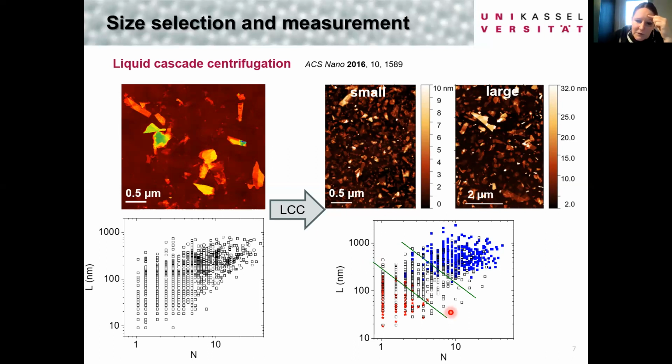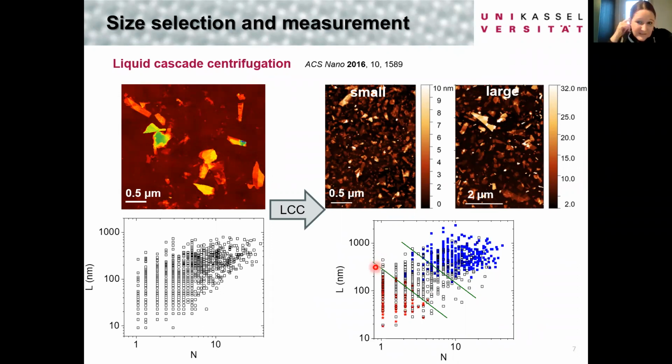When we look at the population, what the size selection did, it sliced the population of the nanosheets at an angle. And when we plot the length as function of layer number, it is very clear how we can understand the size selection. Now, this green boundary that I sketched here, we can move depending on the centrifugation conditions and then isolate our size selected fractions this way.